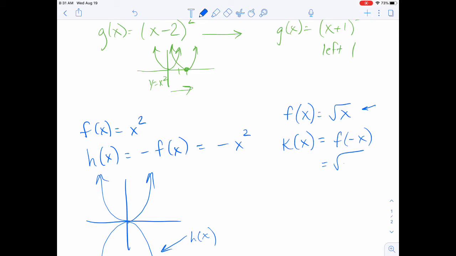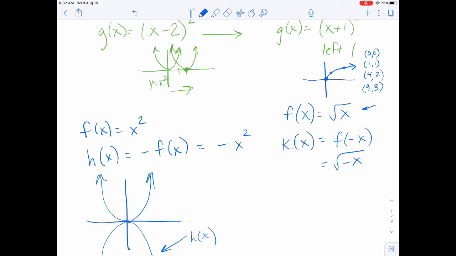This is the square root of negative x. What this has done is this has now changed our domain. The parent function here started at 0, 0, and then the square root of 1 is 1, the square root of 4 is 2, the square root of 9 is 3. So it would have the points 0, 0, 1, 1, when x is 4, the square root of that is 2, it would have the point 9, 3, and so forth.